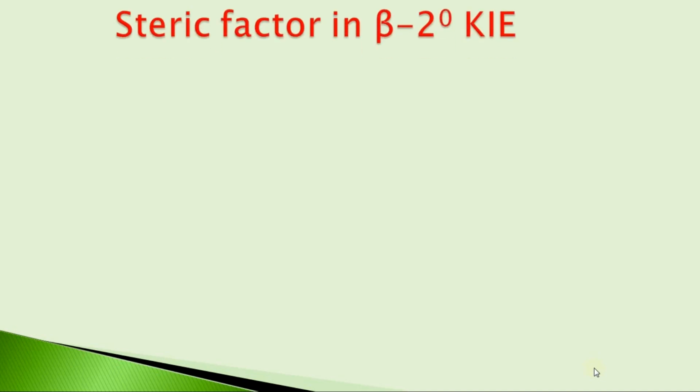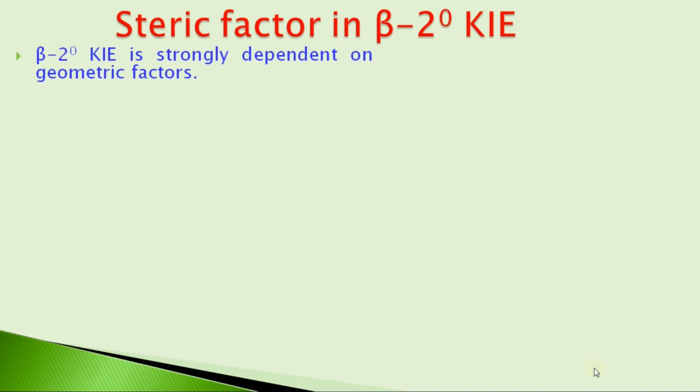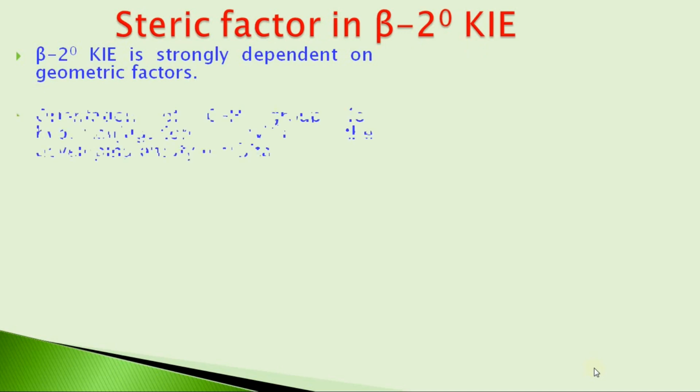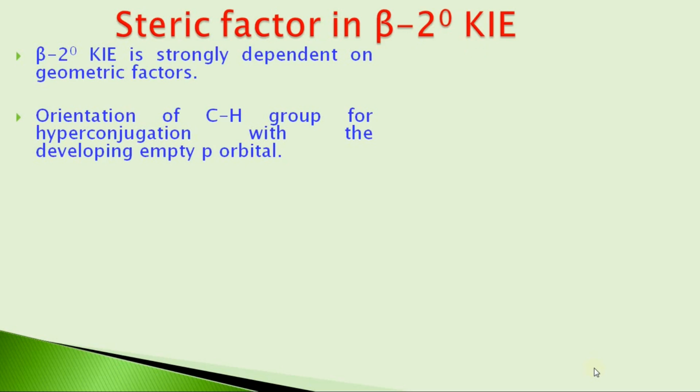Presence of a lighter isotope leads to easy cleavage of the CH bond and facilitates stability of the developing carbocation by hyperconjugation. This explanation is supported by the fact that beta secondary KIE is strongly dependent on geometrical factors like the orientation of the CH group, which is going to play a role in hyperconjugation.